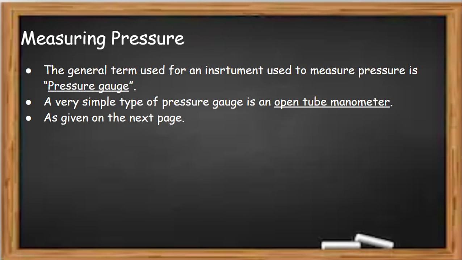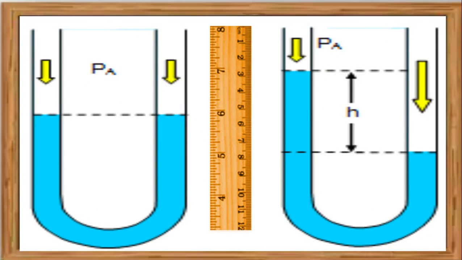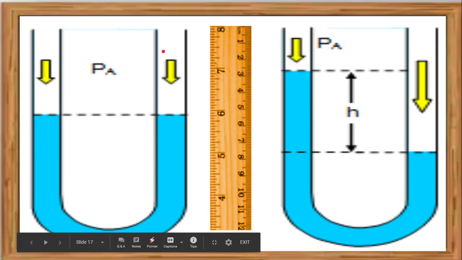So, measuring pressure. The general term used for an instrument used to measure pressure is a pressure gauge. Now, a very simple type of pressure gauge is an open tube manometer. Now, let's see how the open tube manometer actually works. So, here is a U-shaped tube and here is also a U-shaped tube.